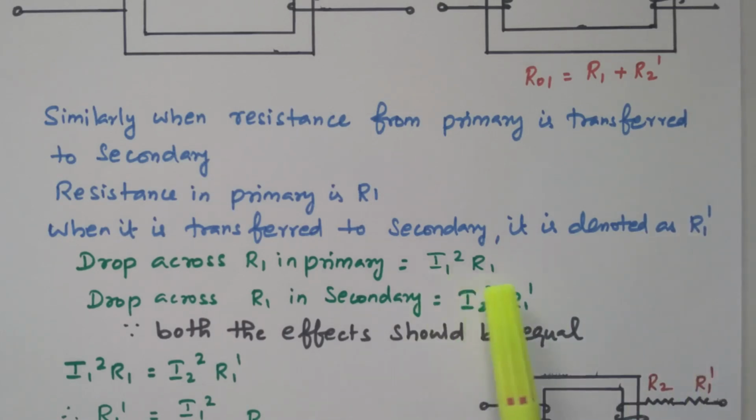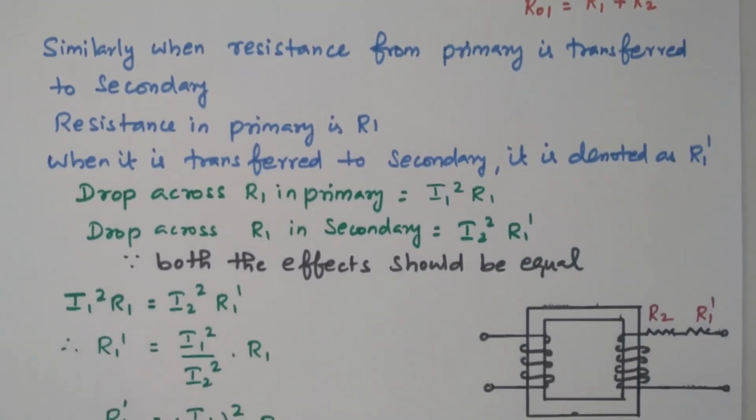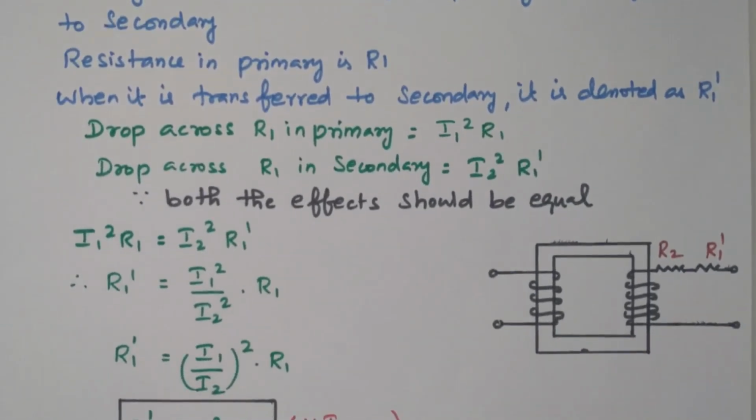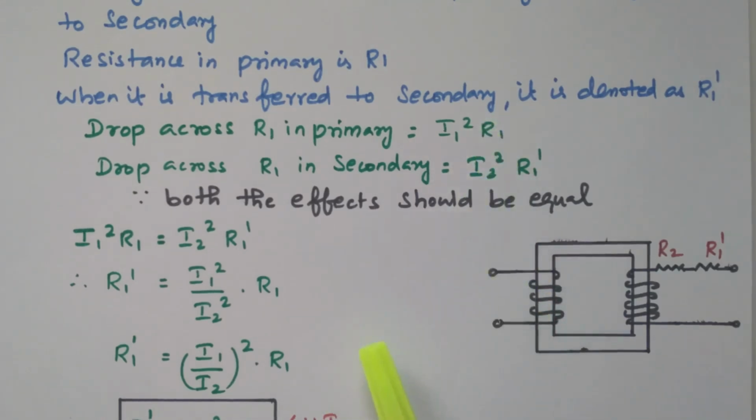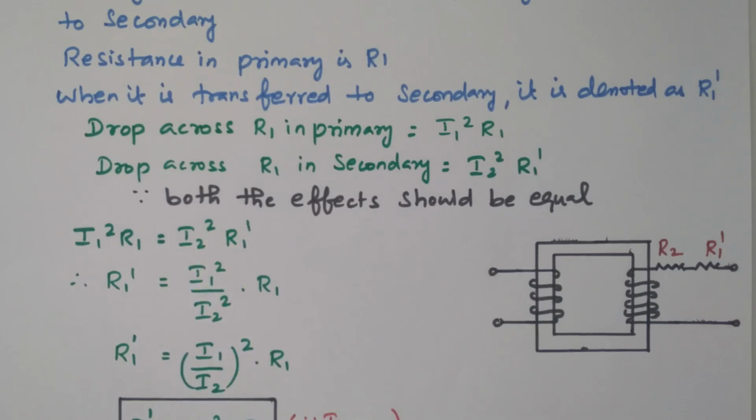So I1 square R1 on the primary side, while referring to secondary, I2 square into R1 dash. Both the effects are equal. While transferring any parameter, we need to maintain the resultant effect equal. There should not be any deviation. That means these two drops are equal. So I1 square R1 equals I2 square into R1 dash.